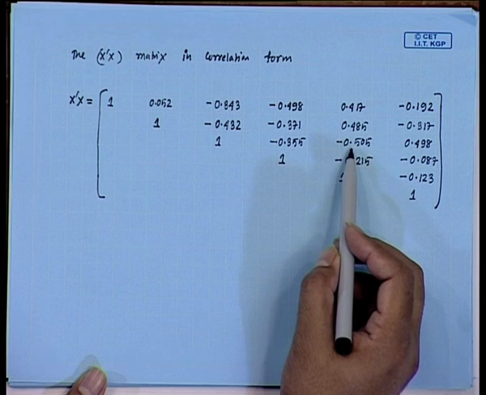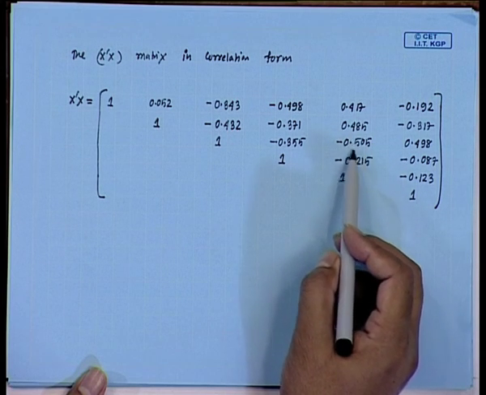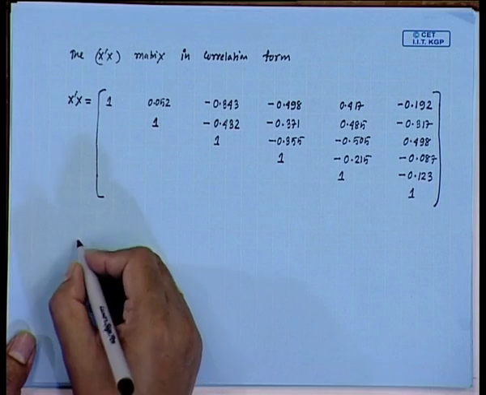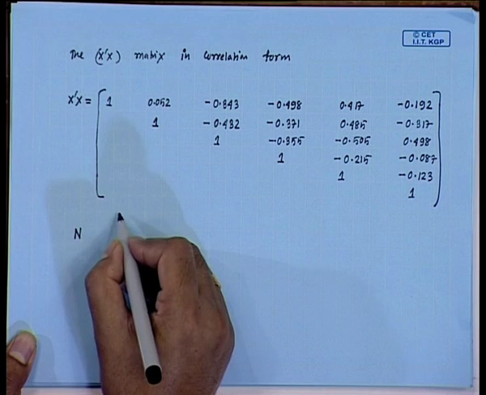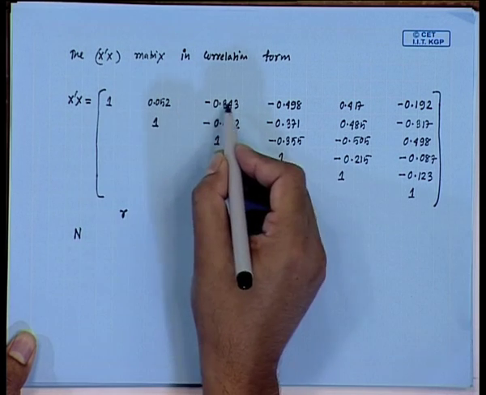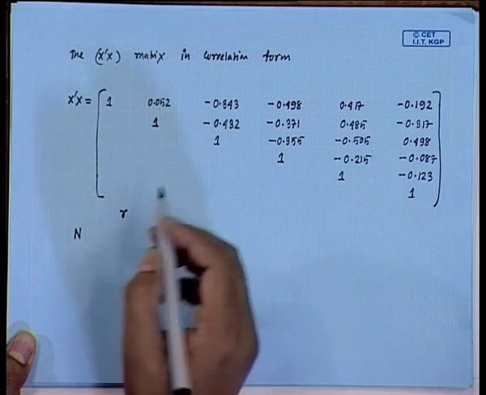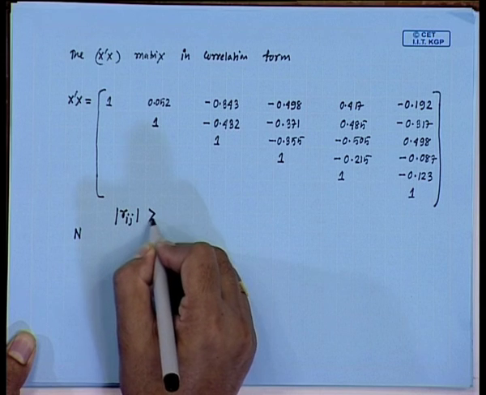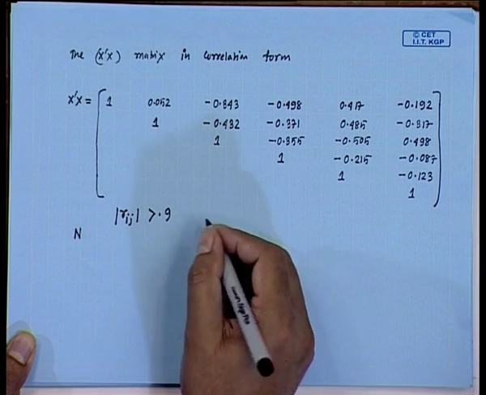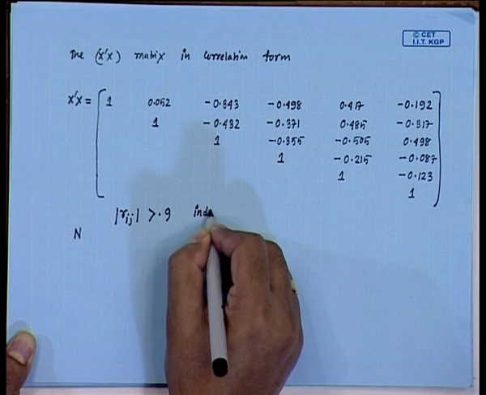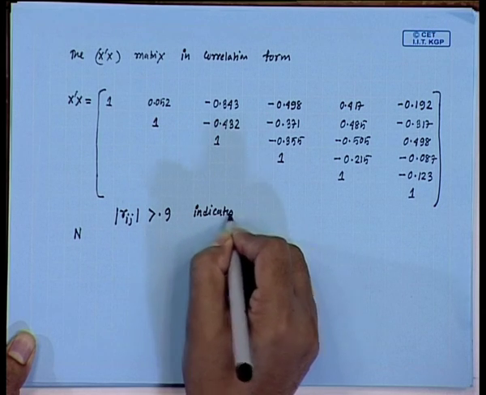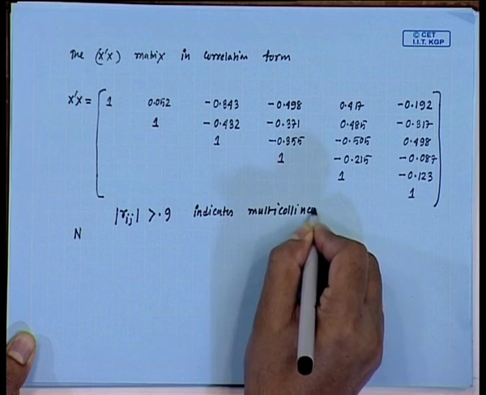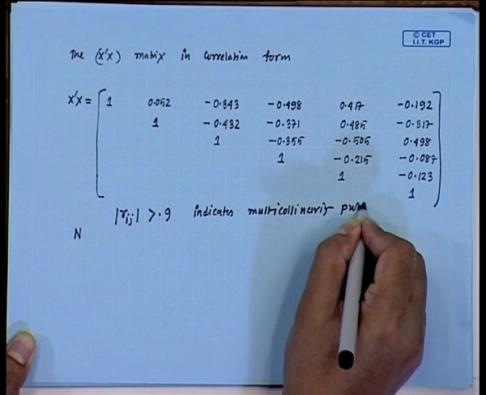Perhaps this is the highest correlation value. Here this is R12, this is R13. We say that if Rij is greater than 0.9, this indicates a multicollinearity problem.